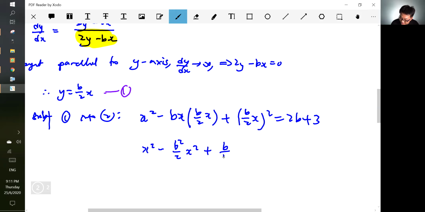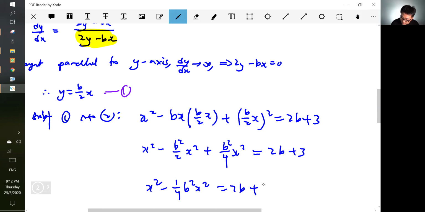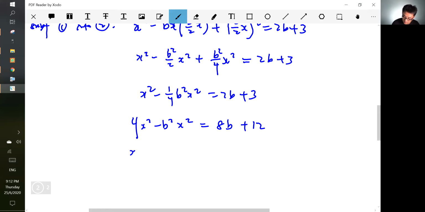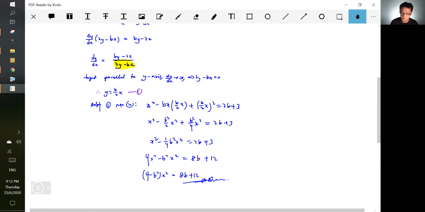What is this? Okay, this is x squared minus 1/4 b squared x squared equals 2b plus 3. Multiply with 4 throughout, then this will be 4x squared. Ta-da! Okay, that's how you do it.